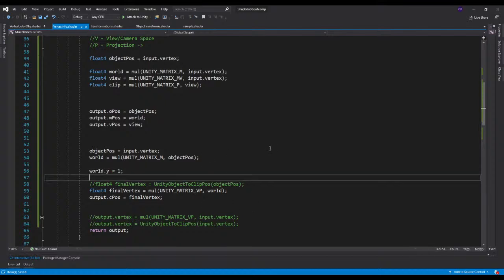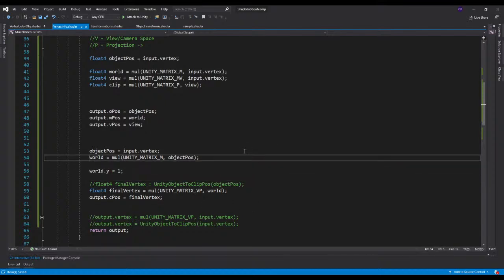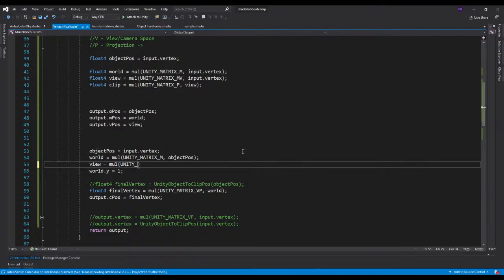So what we're going to do, let's change it in the view space now. So the view is going to be multiply model view with the object position. We have the object position. For the world, we multiplied it with the world matrix. For the view, we multiplied with the world and view matrix.